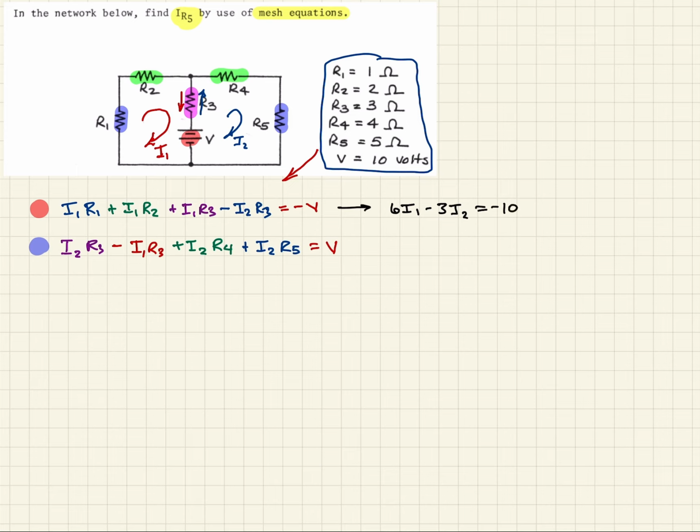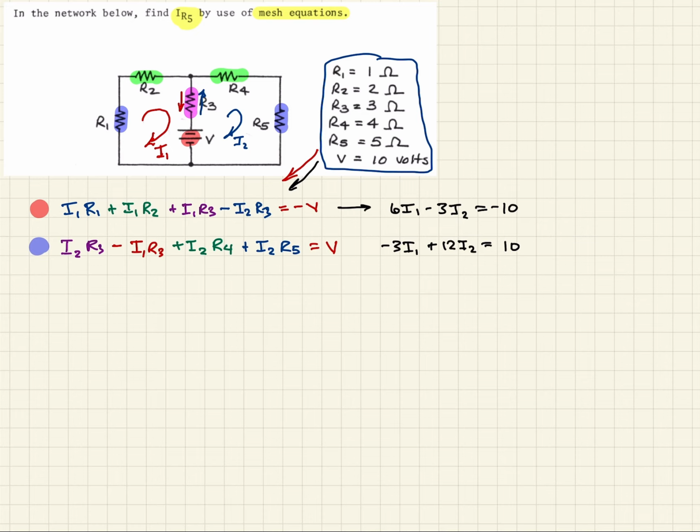So again, all I did was plug these numbers into the equation and gather like terms. So it's just basic algebra. And so on the bottom, we'll have minus 3I1 plus 12I2, and that's going to be equal to a positive 10.